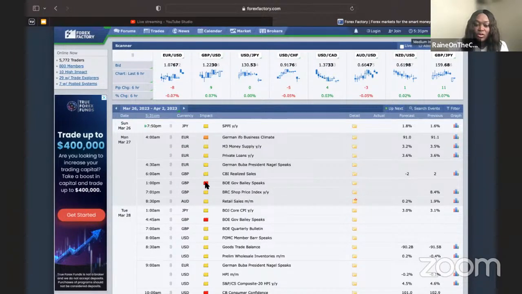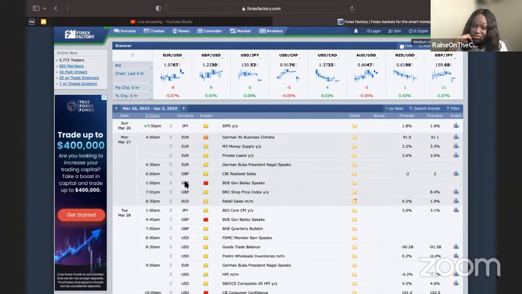When I see a red folder, I'm staying away from GBP. I can definitely trade at 1, but I would not be trading the Great Britain pound. Now, where I wouldn't trade the Great Britain pound, I would trade other things. If there was a red folder on the US dollar, I would just close my computer and go find something else to do.